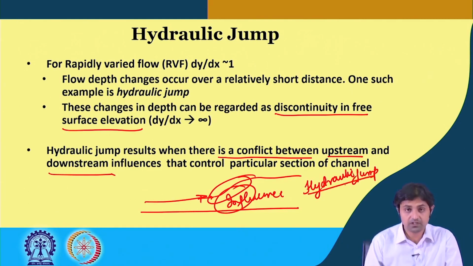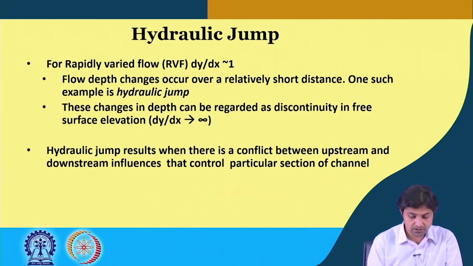This hydraulic jump can occur due to many reasons. One of them is a sudden elevation bump, or several other phenomena that we are going to see in this lecture.